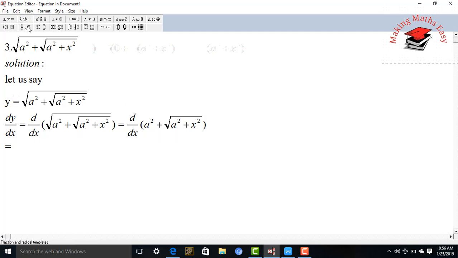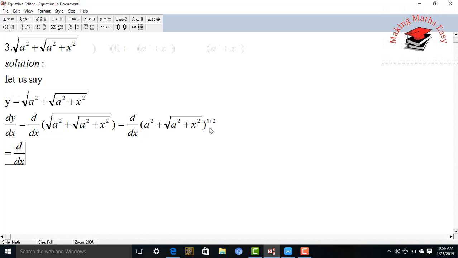So this function raised to 1 by 2. Now we will solve it.